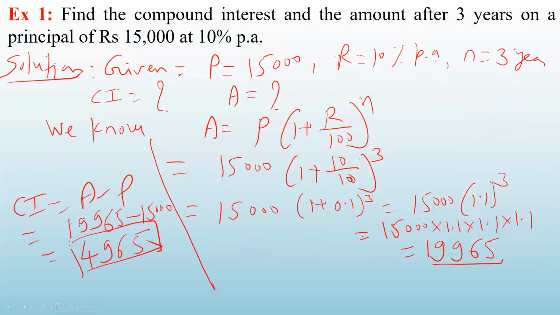And these problems we have solved in the last class. Very simple problems where in the formula of amount, there are 4 unknowns. If any 3 are given, you can find the 4th one. When P, R and n are given, how to find the amount A and the compound interest.